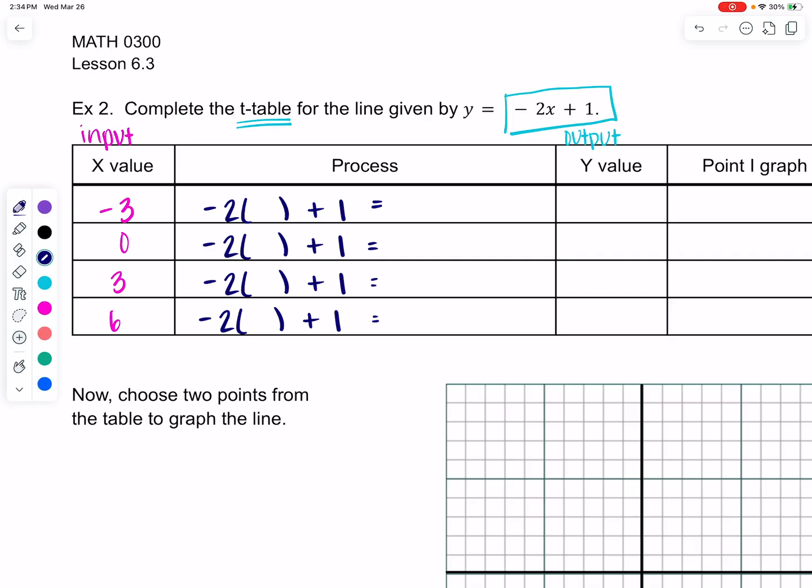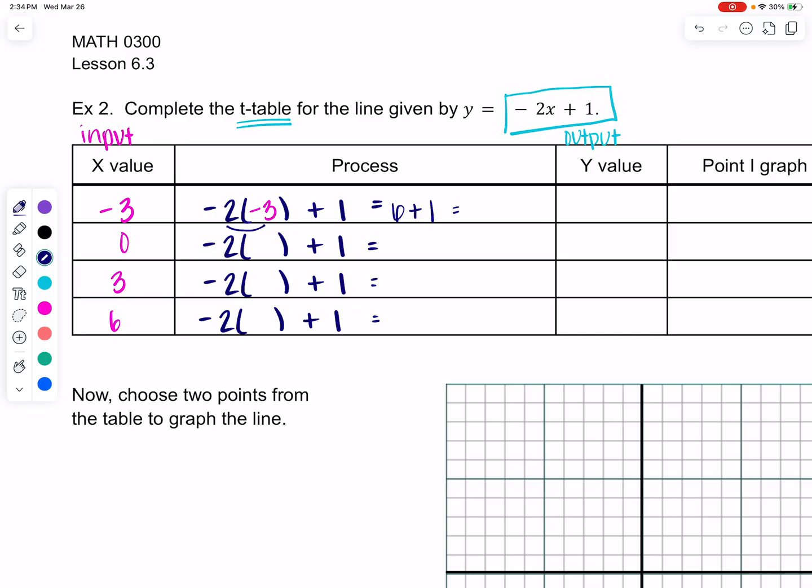Here's my process. Just like when we tested points to see if they were on the line, we're going to take our x values and plug them into the x spot in our equation. Then we're going to do the math. So if I start with -2 times -3, well, that's +6.